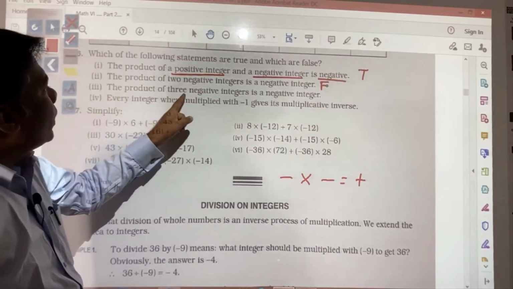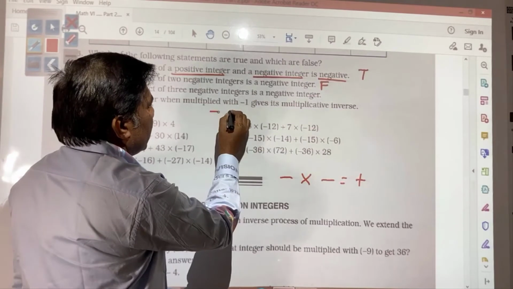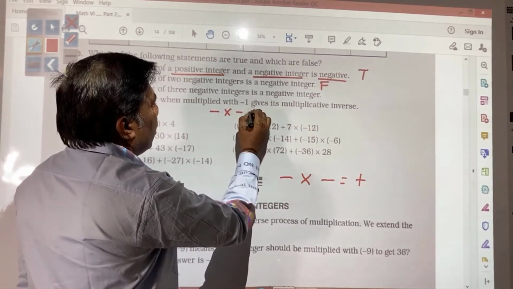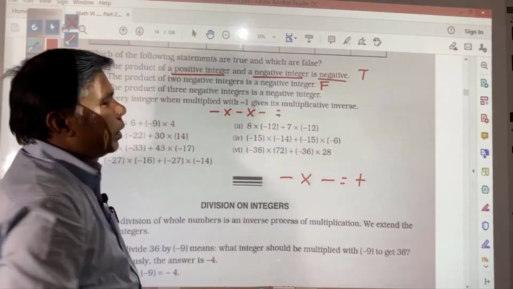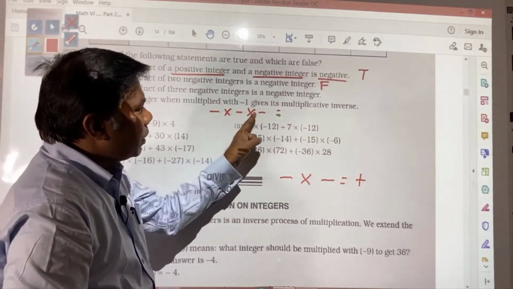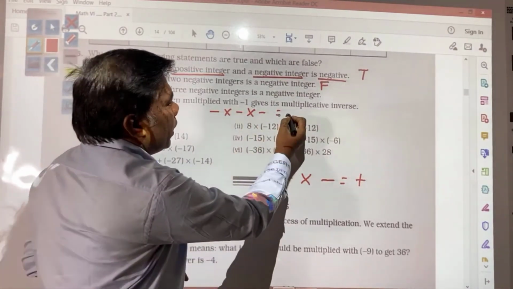The product of three negative integers is a negative integer. If three negative integers are there, just you see. So what will be the product? Always you remember, if odd times you have negative integers, then product will be negative.